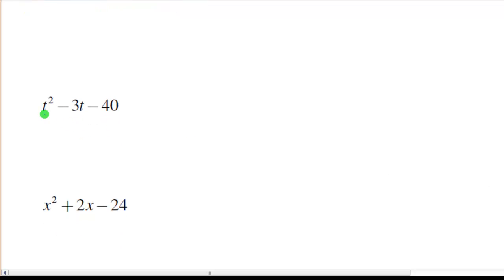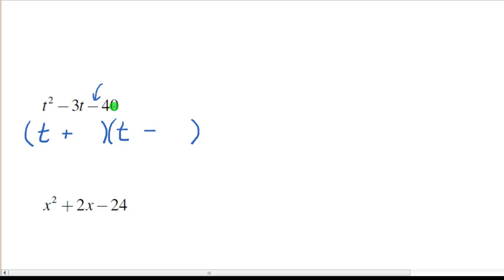Okay, here we have t squared minus 3t minus 40. So two parentheses. And we have a t and a t here. Now notice this time that our last term is a negative, and so that means you're going to have a positive times a negative. So this time we do things a little bit differently.